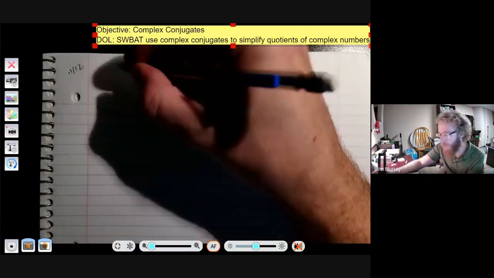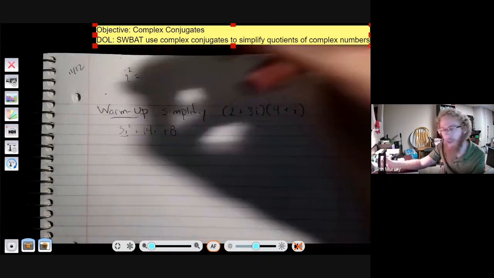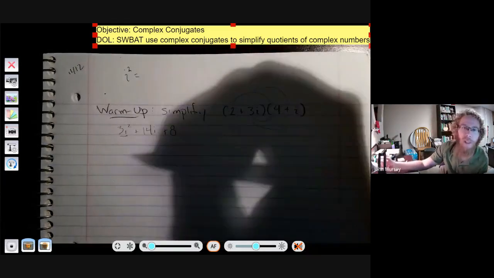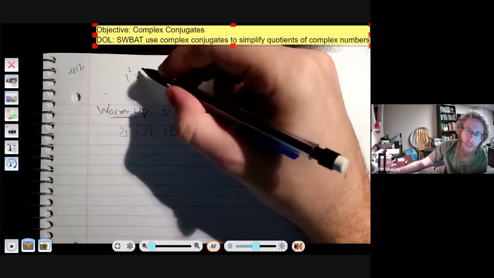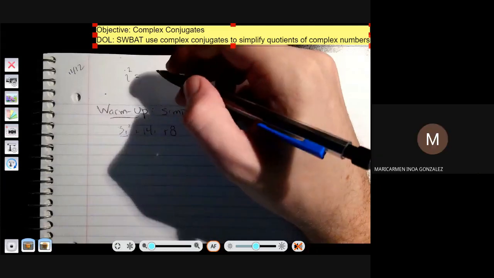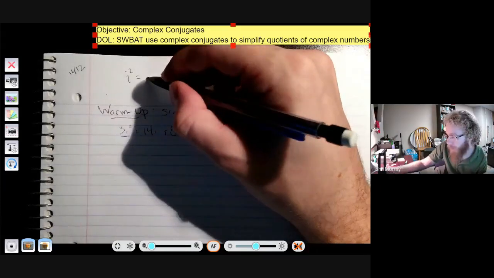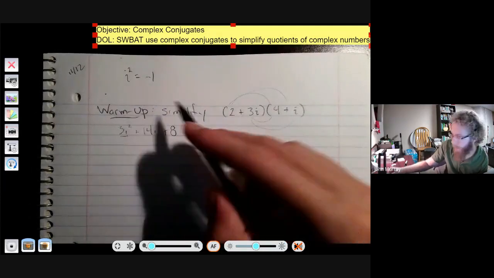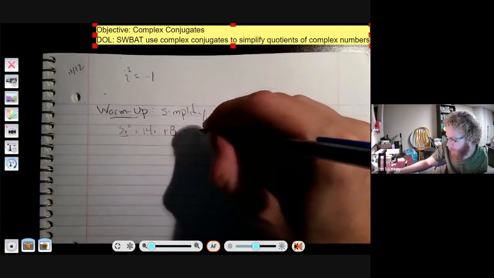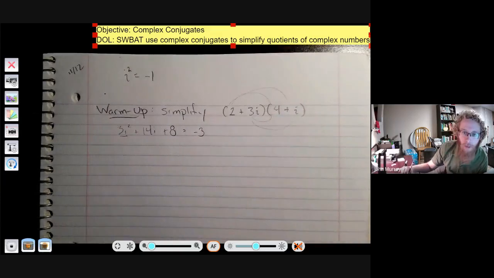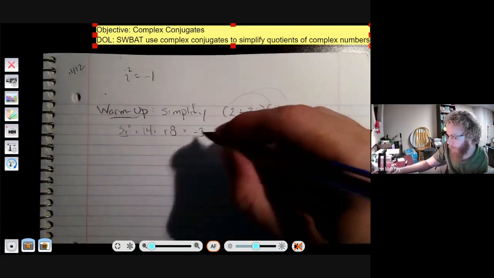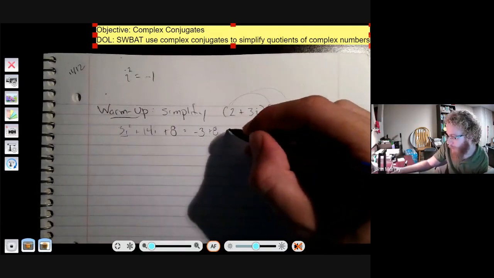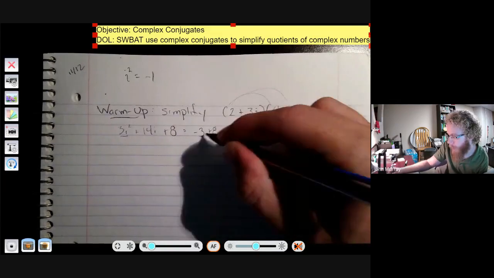So remember, anytime we see i squared, what can we replace that with? What do we know i squared is equal to? -1. Okay. So this 3i squared would become -3. So -3 plus 8, and then we have the 14i.